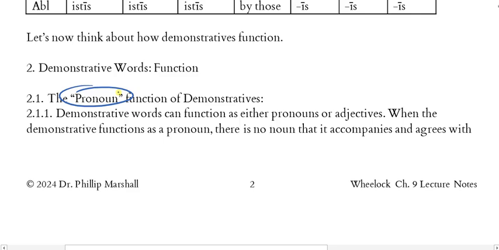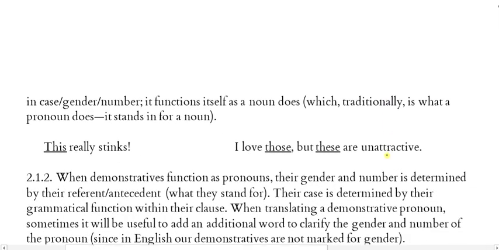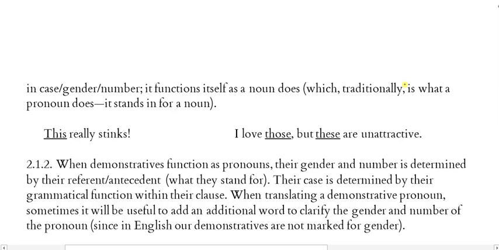When a demonstrative functions as a pronoun, then there is no noun that accompanies it and agrees with it in case, gender, and number. To put it another way, because the demonstrative doesn't have a noun to modify, the demonstrative is functioning like a noun. In effect, then, this is like the substantival adjectives that we've seen.